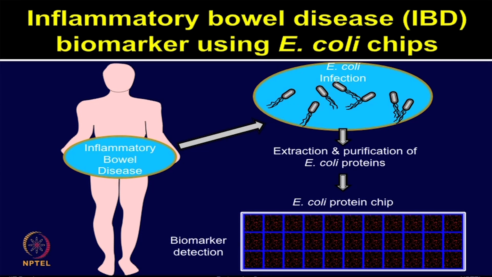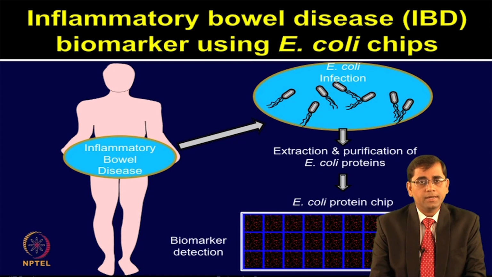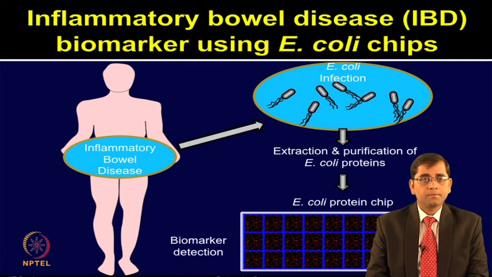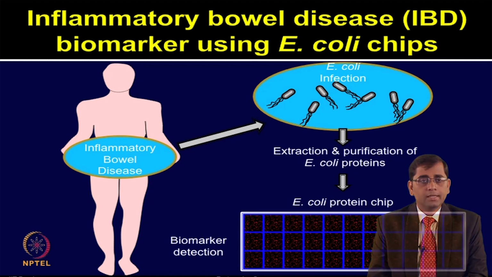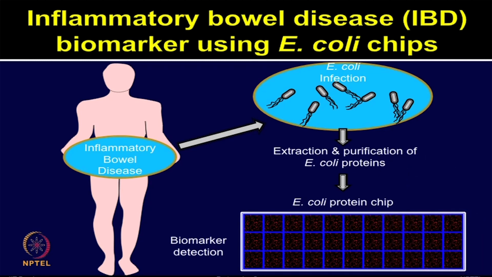The study was performed by Chen et al. in 2009. In this study, first of all authors used the E. coli proteome chip. They used more than 4200 proteins obtained from E. coli and then they collected serum from healthy controls and clinically well characterized patients with inflammatory bowel disease. 66 samples from Crohn's disease and 29 from ulcerative colitis were collected and compared with 39 healthy individuals.